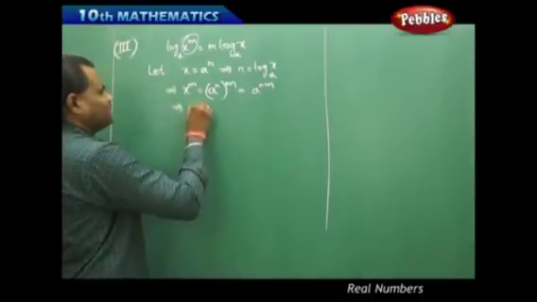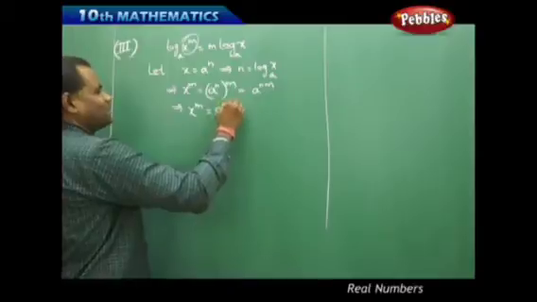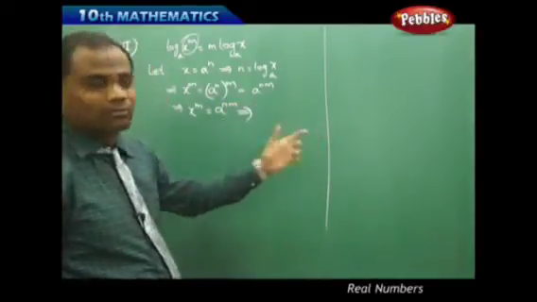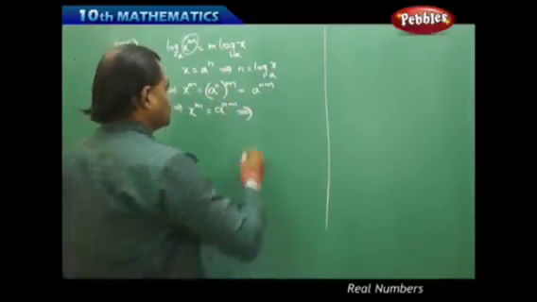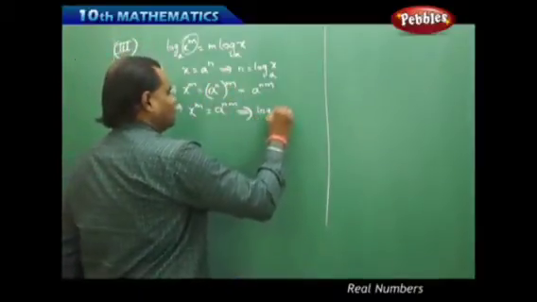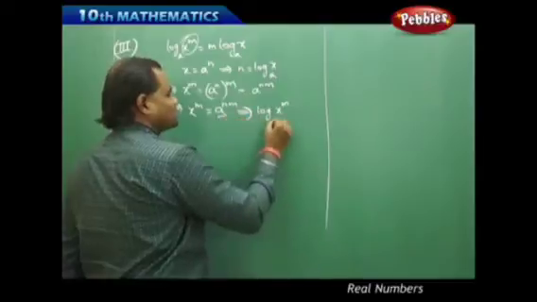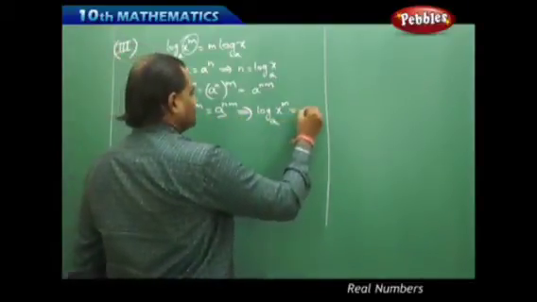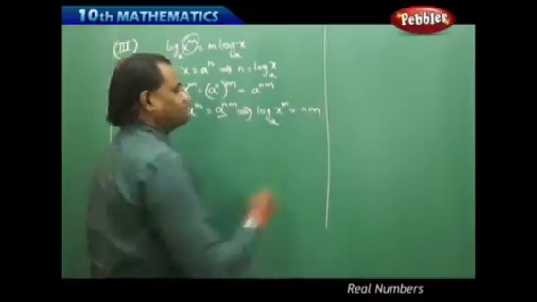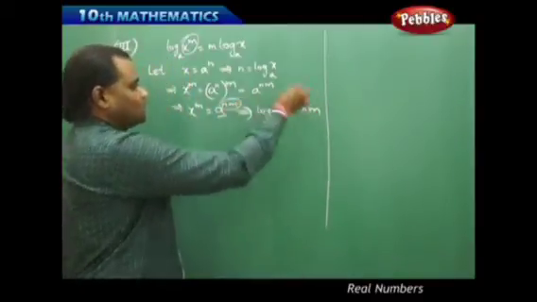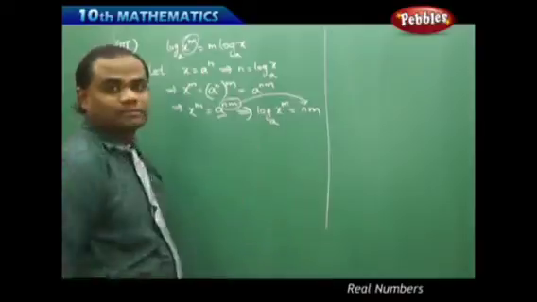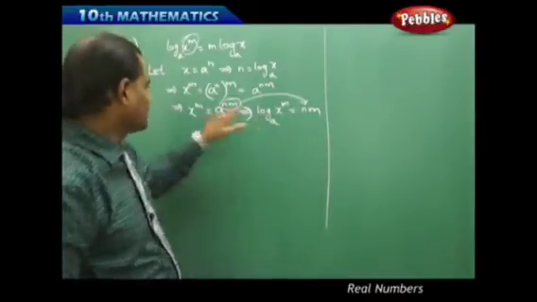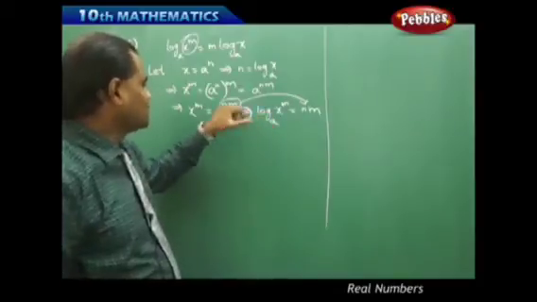That implies, finally, I get x power m is a power nm, so that when I convert this exponential to logarithmic form, a equal to b power c, then log x power m, this forms the base. So to the base a will directly be equal to nm. This goes to the right hand side. Therefore, this exponent gets converted to the logarithmic equation as log x power m to the base a equal to nm.